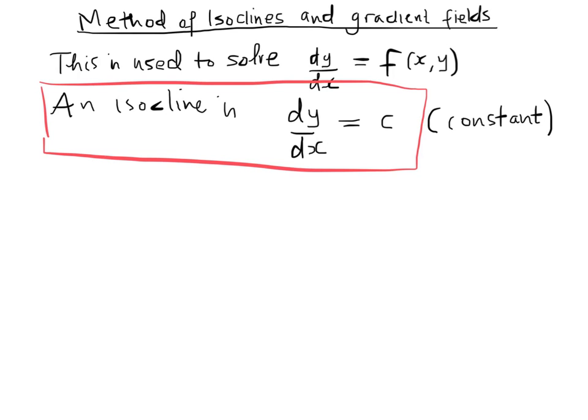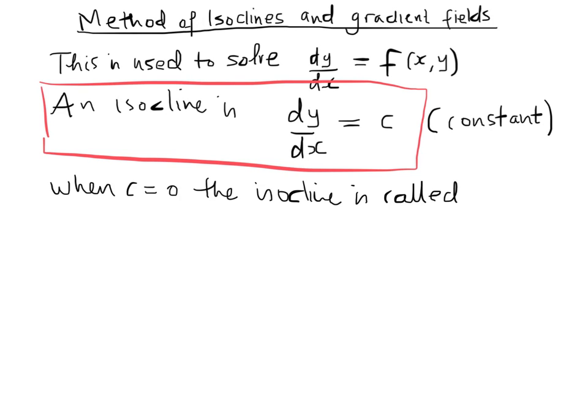There's a special name given to when c equals naught. When c equals naught, the isocline is called, anyone hazard a guess? Anyone do computing and Java and know what we use for zero or nothing?